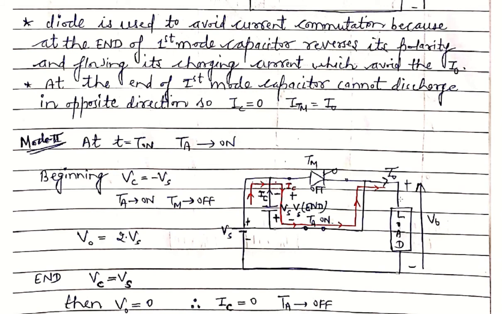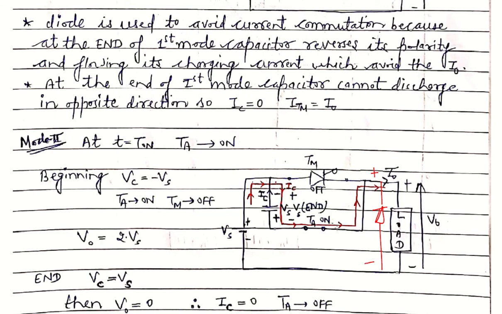It will be connected at the output side across this load in parallel. This charging current will be flowing like this, so this freewheeling diode will be in the off condition. If we connect the freewheeling diode here, this current will be flowing like this. So plus will be there and minus will be there.